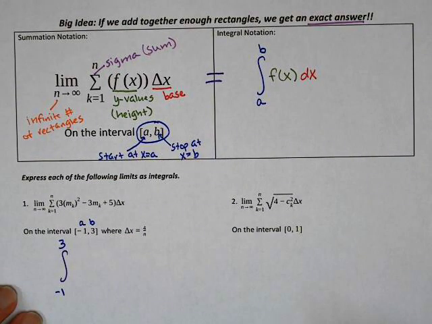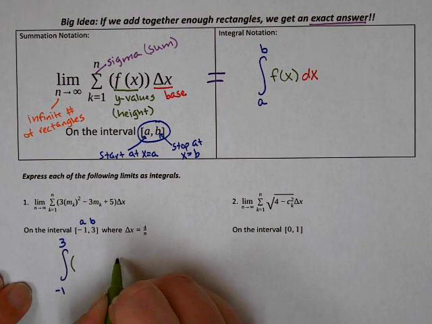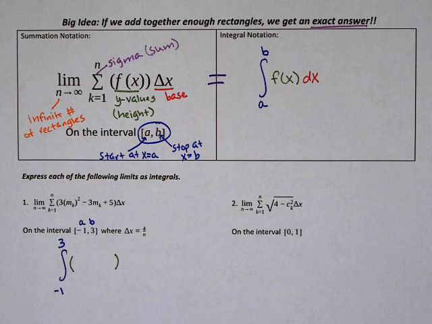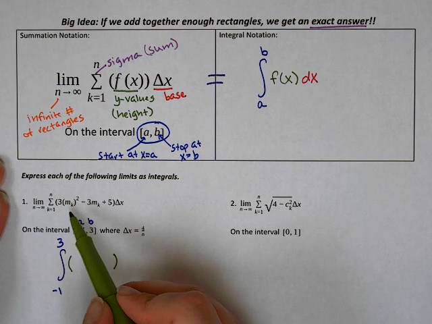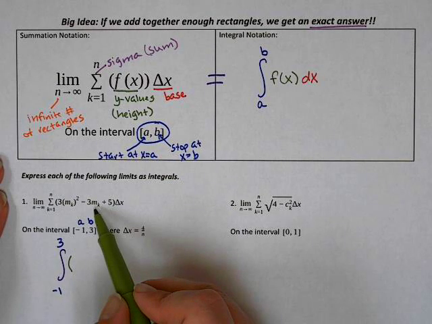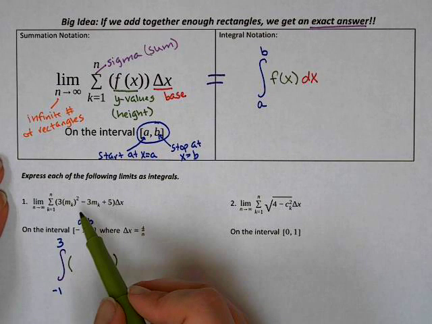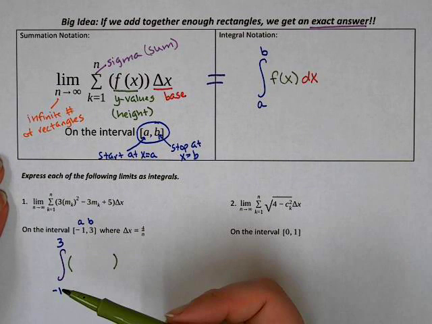Now we need our function. If you take a look though, that function looks a little funny. I'm going to put some parentheses here. Look at this function. We've got m sub k here and m sub k here. Really what this means is we're looking at the specific x values that we're adding together. So this could be something like we were taking the midpoints.